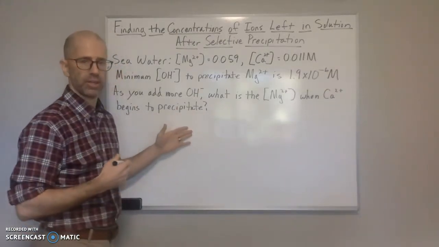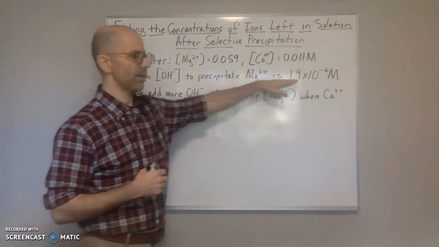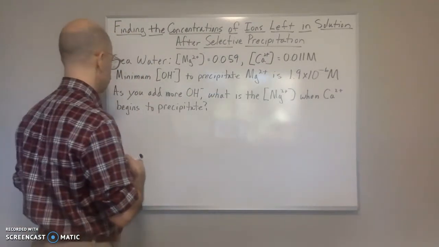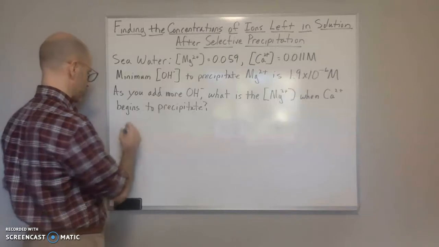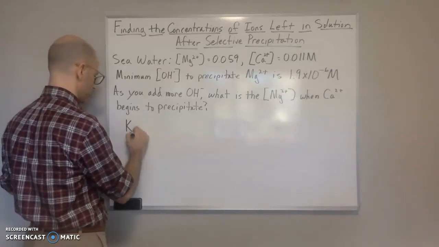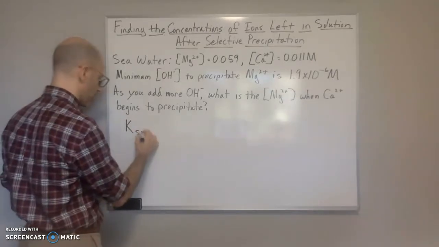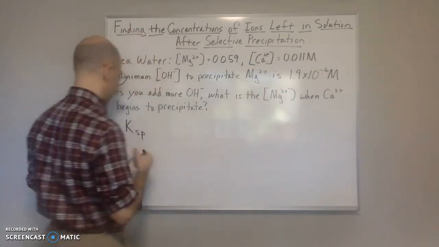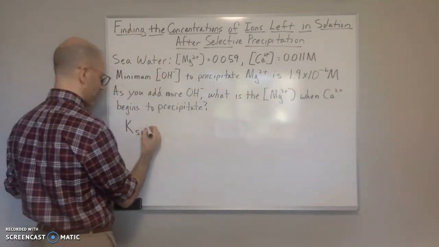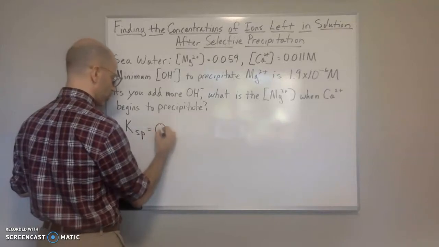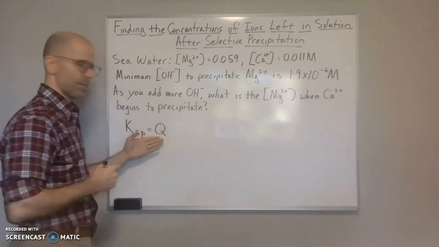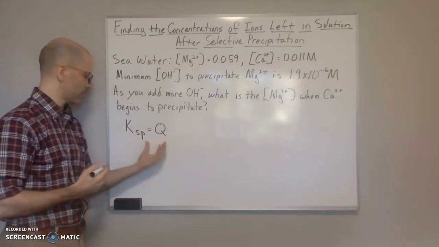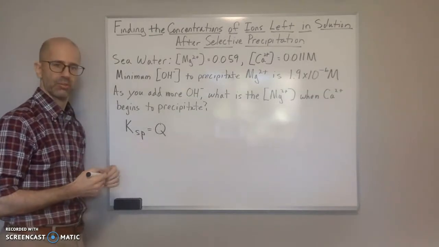And we're going to do the same thing we did before when we wanted to find the minimum for magnesium. So you have to have the KSP of the salt, in this case calcium hydroxide, and set that equal to Q, because that's the bare minimum of when your salt is going to precipitate out, when Q is equal to KSP.